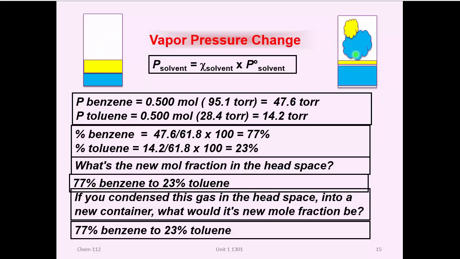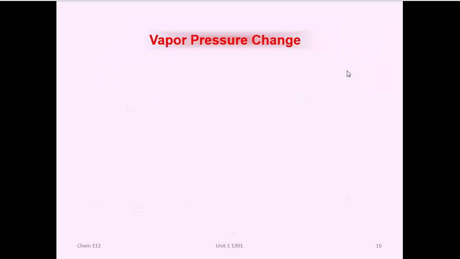It's going to be in this new percentage where the higher vapor pressure one came out higher, 77-23%, right? And you could now do that again and again and again, and every time you'd have this differential that would start to build up.